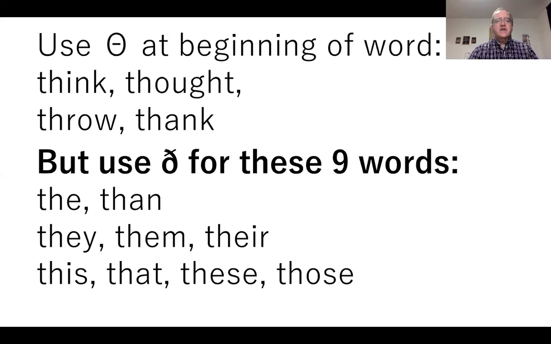But you use the eth that is voiced for these 9 words only. Please memorize these words because all words at the beginning in English have no voice except these 9 words. You have to memorize them.